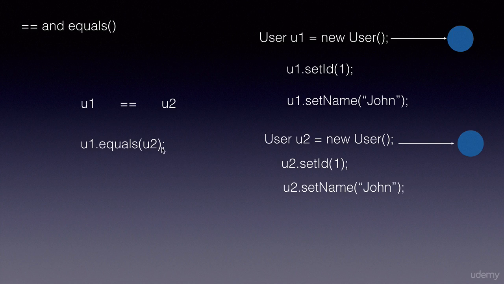So it is a shallow comparison by default. So even this statement, u1.equals(u2), will return a false. We have to override the equals method in our classes, the user class, and provide the implementation to compare the ID and name.